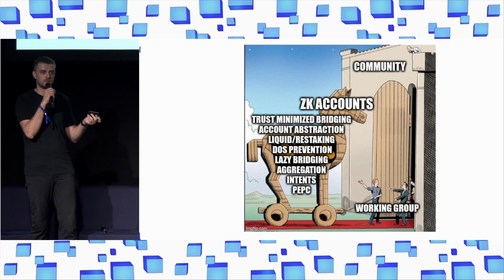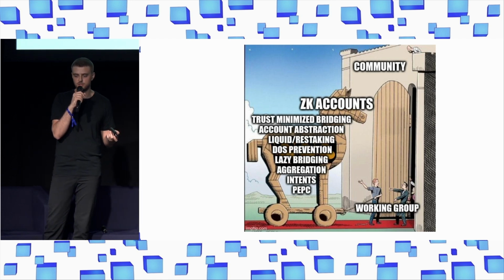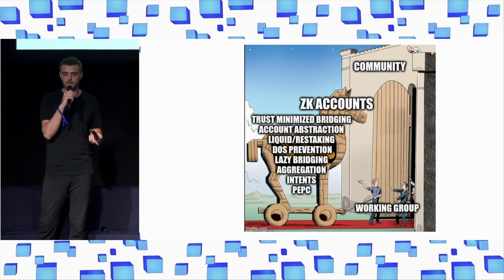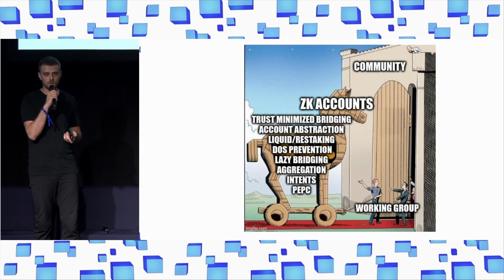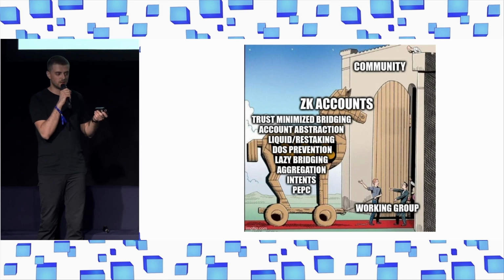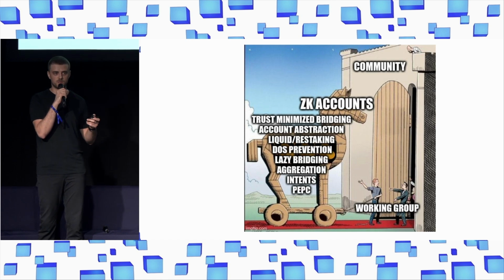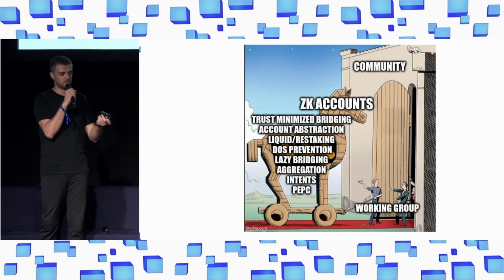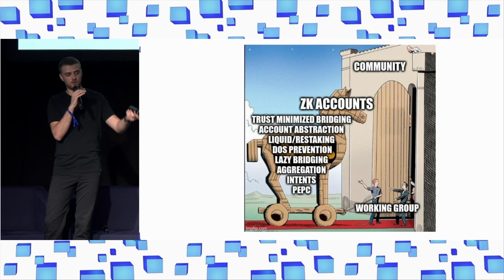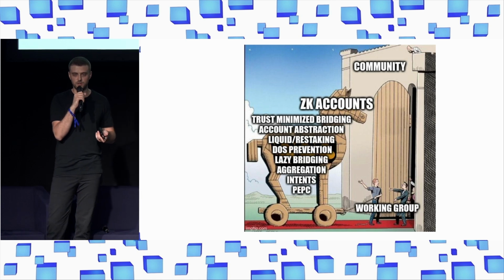It increases the trust minimization of the end user, and it really unlocks so many things, because you can now, with a small primitive, have profound value in having all of those additional functions.